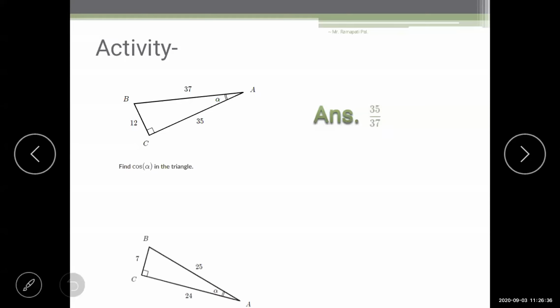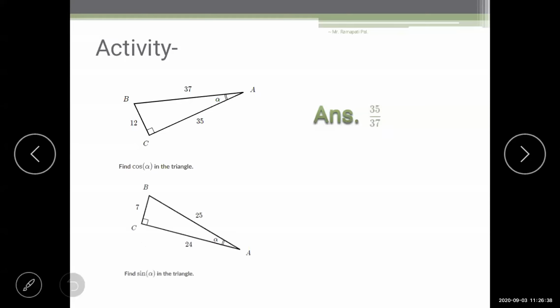Next, the second question. Same, that is find sine alpha in this triangle. I'm seeing that very few students are taking part in this activity.